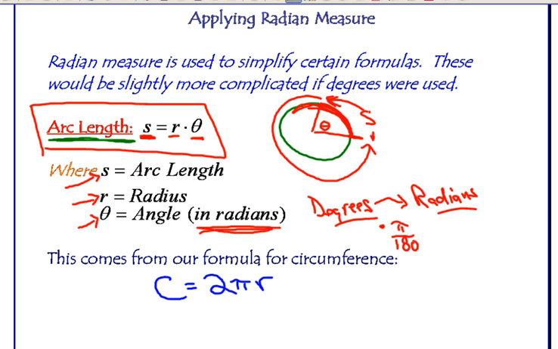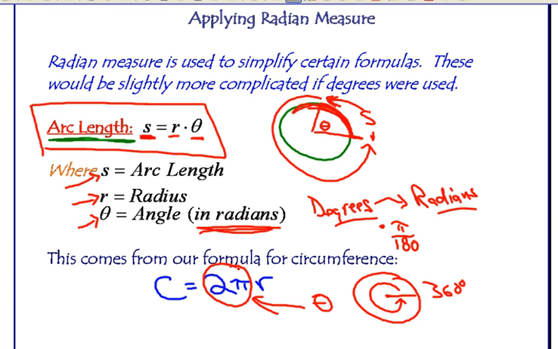And now that you have this new knowledge of radians, maybe that 2 pi jumps out. It used to be a number, and maybe now you're thinking, wait a minute, 2 pi, that's the angle. As a matter of fact, that's the angle if you turn completely in a circle. 360 degrees is the same as 2 pi radians.